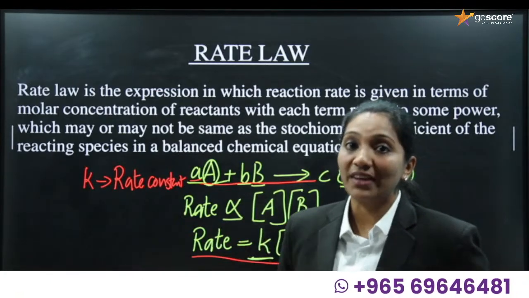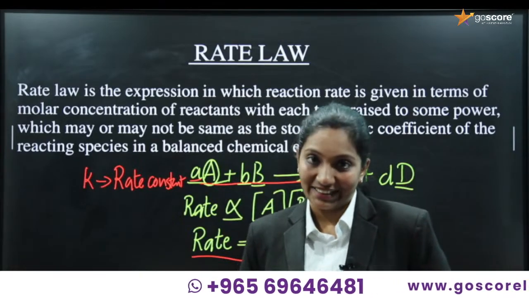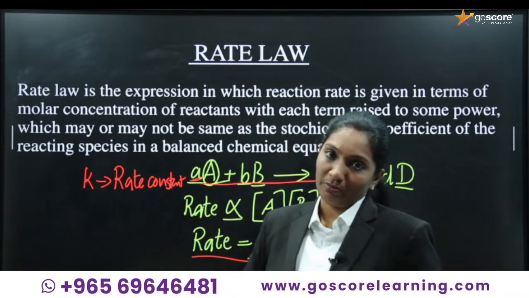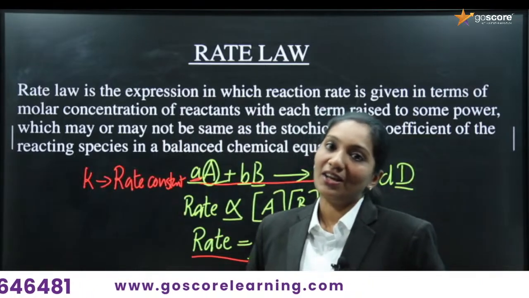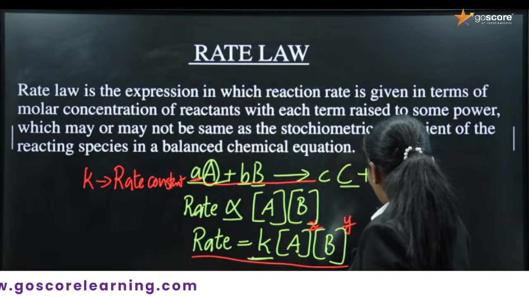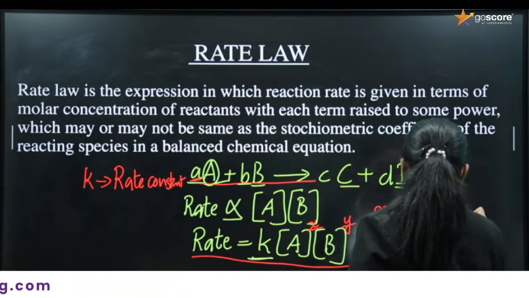Because these values are calculated or measured on the basis of experimental data. For some reactions, it will be equal to the stoichiometric coefficient. So this x and y may or may not be the stoichiometric coefficient. These x and y are experimental data.